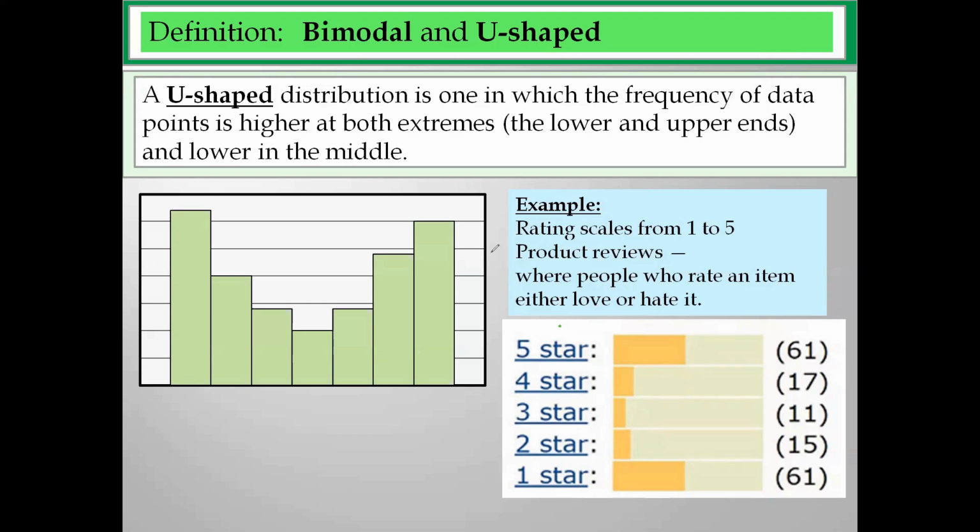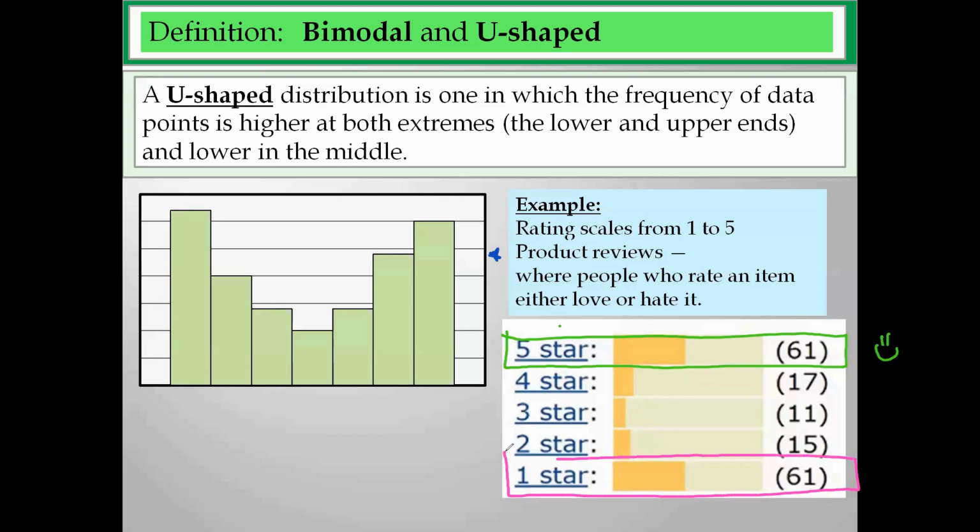So looking at product reviews from 1 to 5 stars, we have a lot of individuals who like the product, giving it 5 stars, and we have a lot of individuals who dislike the product, giving it 1 star. And we have a trough in between. So this is an example of a possible U-shaped distribution where it involves reviewing products from 1 to 5 stars or 5 to 1 stars.